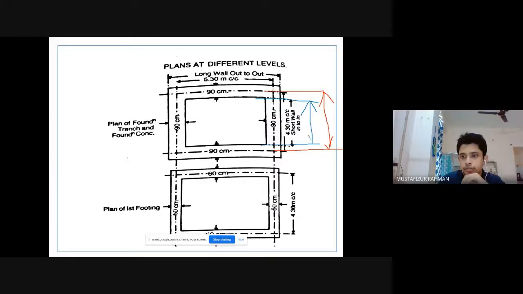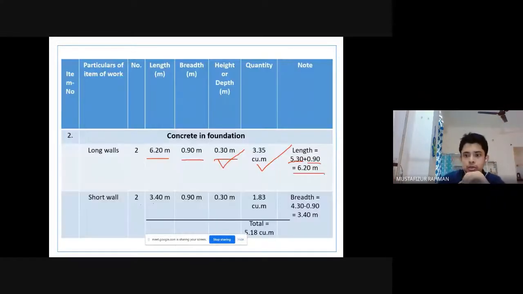So we have to subtract half of the thickness on one side and half of the thickness on the other side. That's what we are doing here. 4.3 meter was the center to center dimension, minus 0.9 by 2 on one side and 0.9 by 2 on the other side. Subtracted, it becomes 3.40 meter. This is the length, breadth, and this is going to be our height, same height, and this is the total volume. And then we add them up and we get the total volume of work.